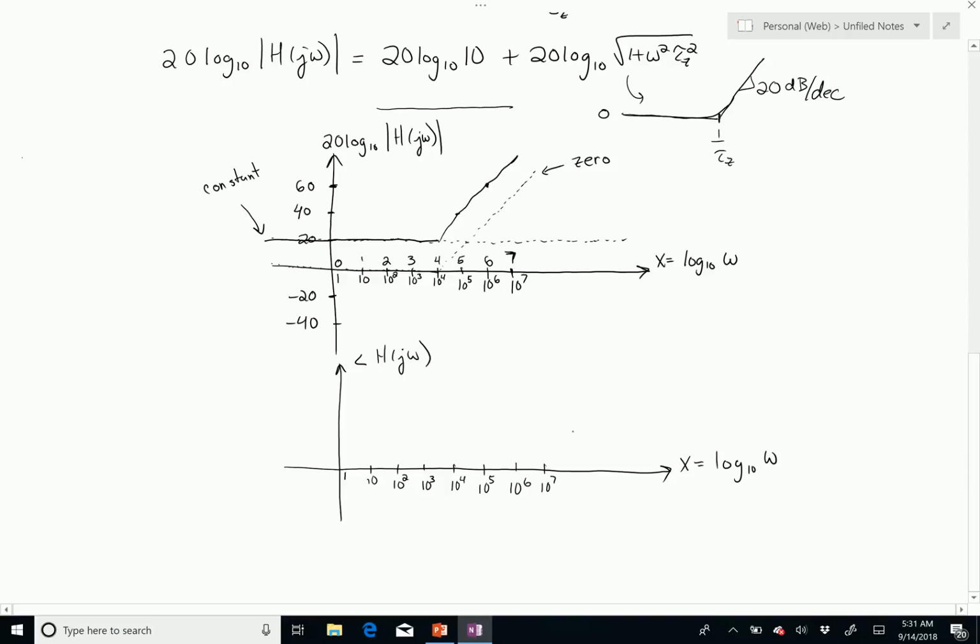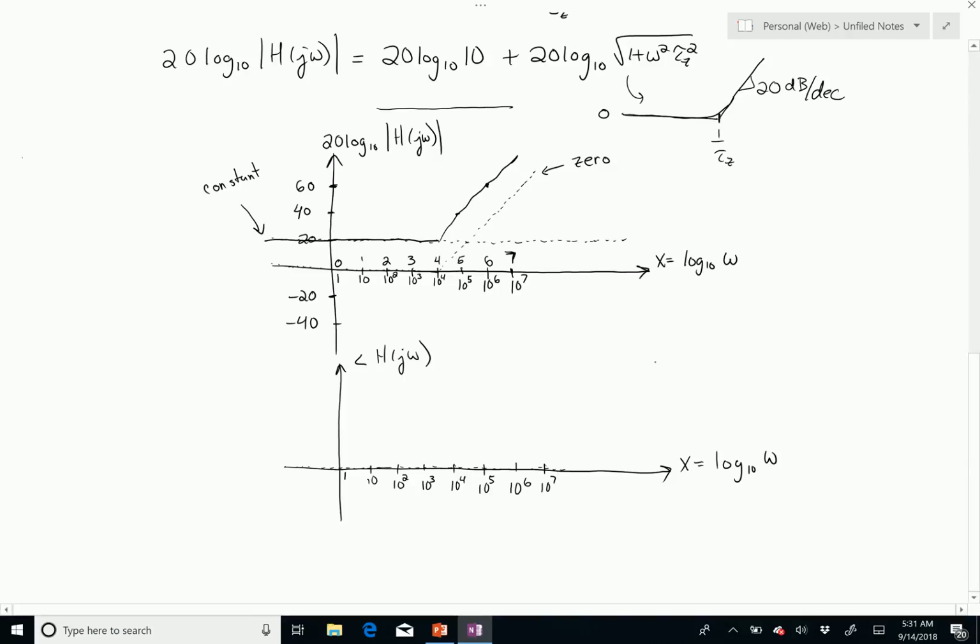Now, the constant in this case has an angle of 0, so I can include that if I wanted to, and say the angle is 0 everywhere along here. What else do I have? Now I need to take into account the 0. What I said before is the 0 causes the angle to rise.